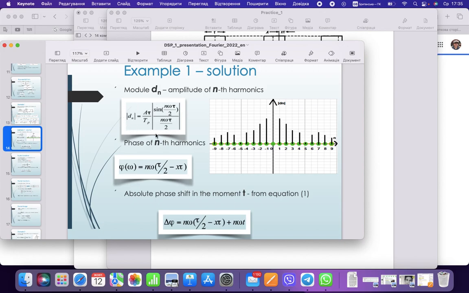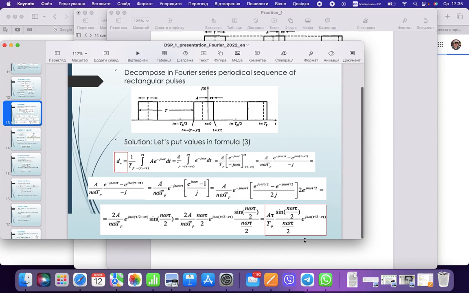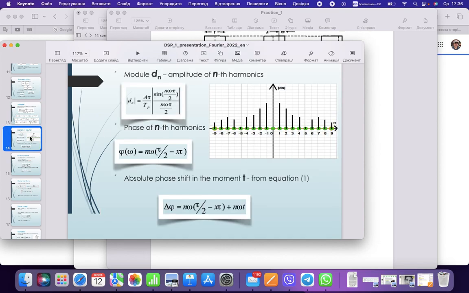If you go back to the slide, you can note that the dn module is everything that is a multiplier written before the exponent. So we just repeat it here on the next slide, module dn. Again, the expression for module dn you should rewrite as it is, and then put your parameters into this expression.